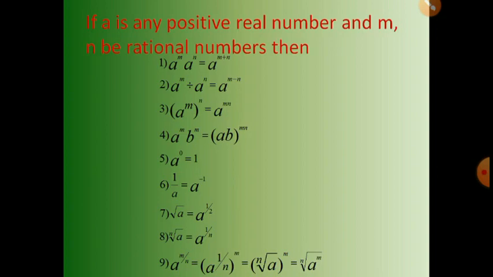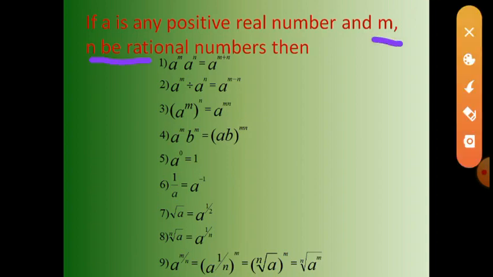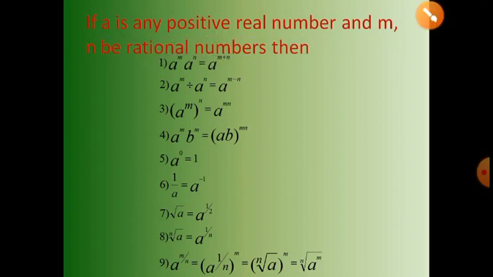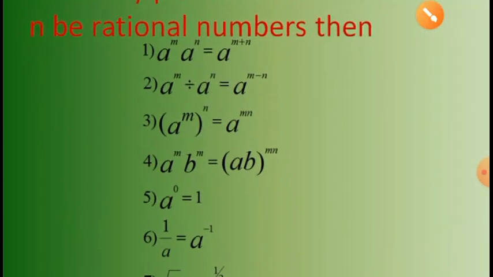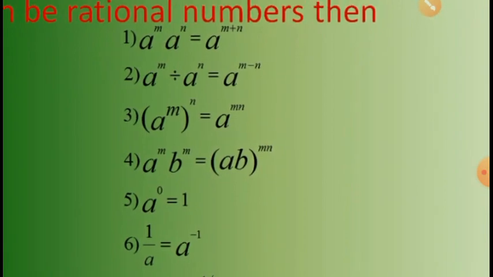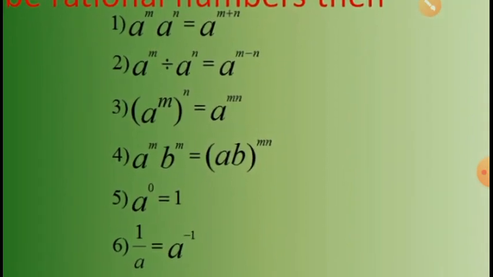Next. Till 8th standard, you have studied your laws of exponents. The same thing we are going to have, only in that case we had considered m and n to be integers. Here we are going to consider m and n as rational numbers and a as any positive real number. So first is a raised to m into a raised to n.